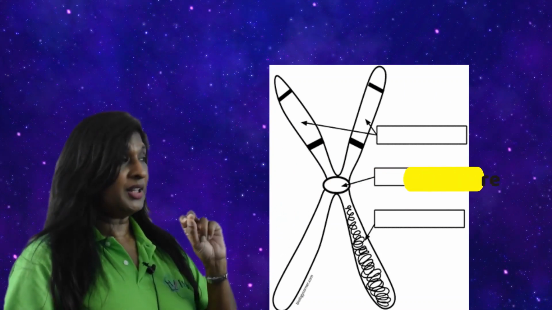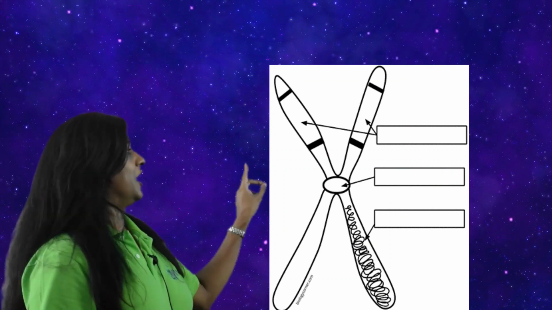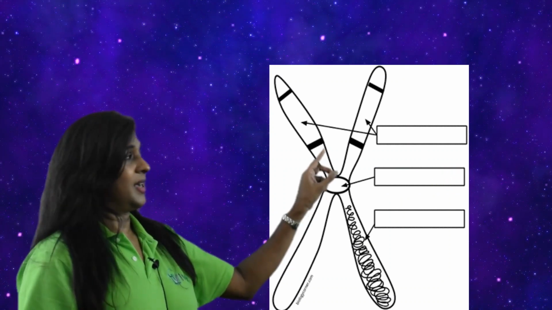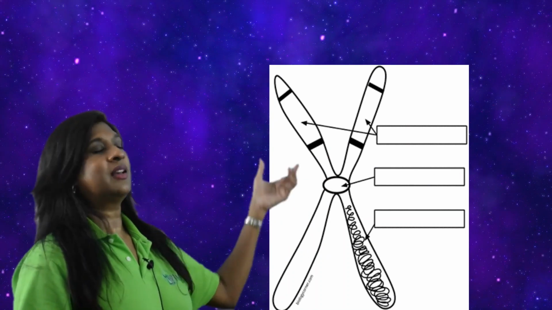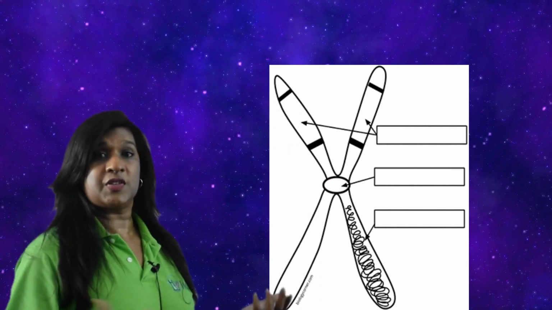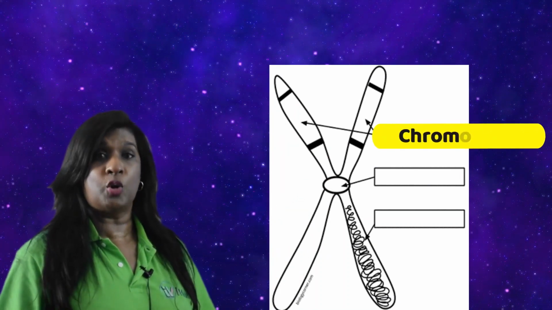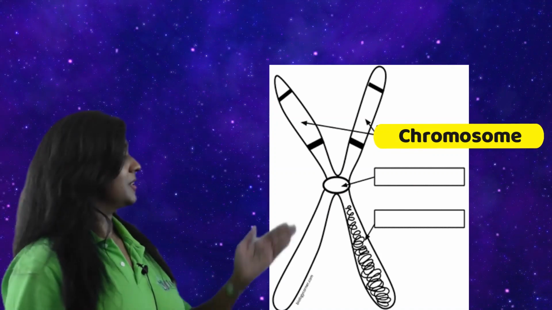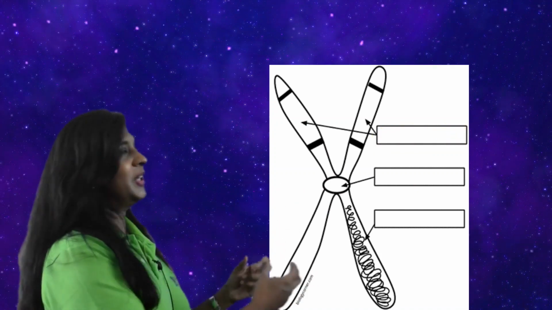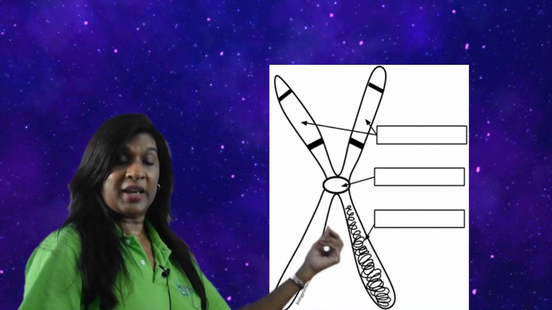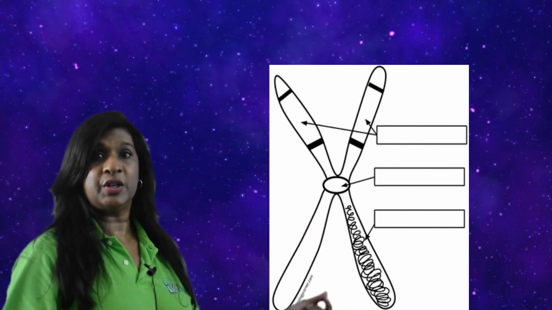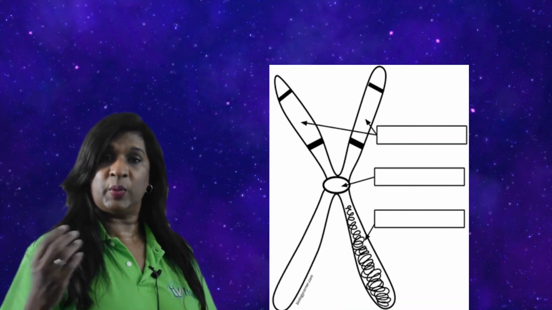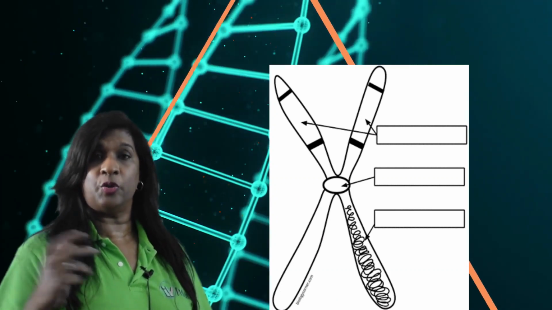And label 3, you will notice, is actually a bracket. And it's indicating the entire structure. So that label would simply be chromosome. Right? Simple. But it comes up again, and you may encounter diagrams of this kind in our next section as well, where we look at cell division or meiosis.